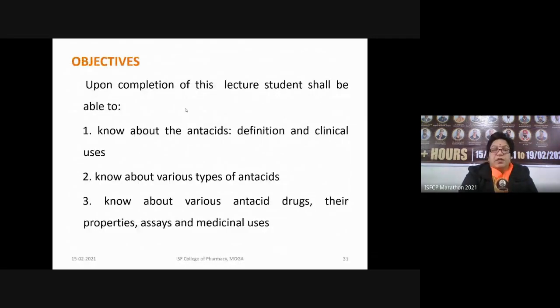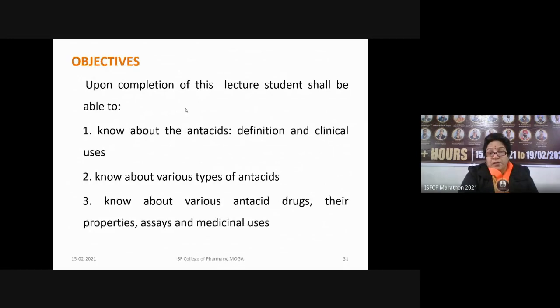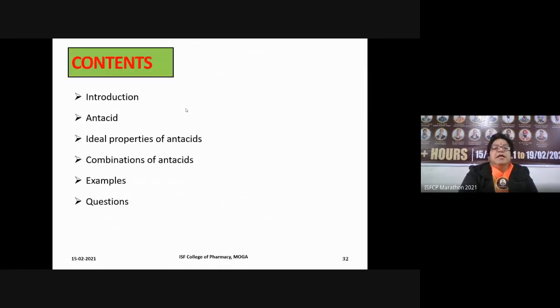What are the various problems that can be there? So you will learn about antacids. What is the definition? What are antacids actually? What are the various types of antacids? And after that we will discuss the antacid drugs, their properties, their assays, and their medicinal uses.